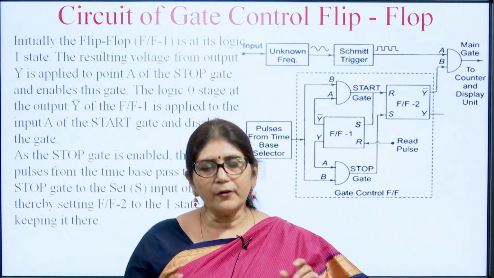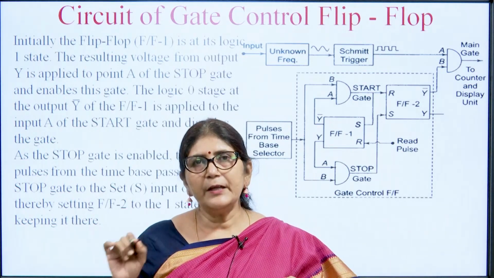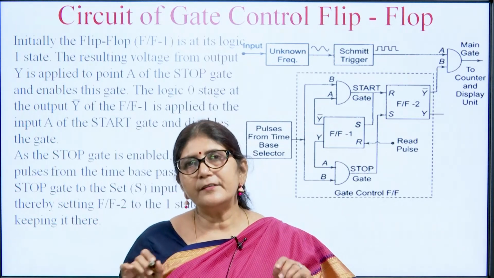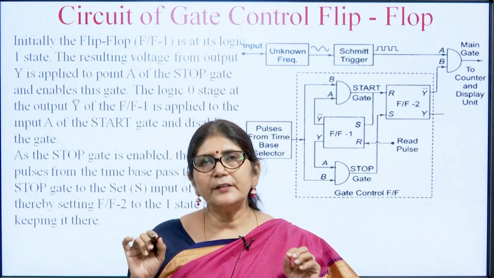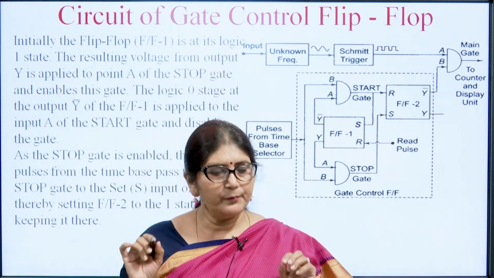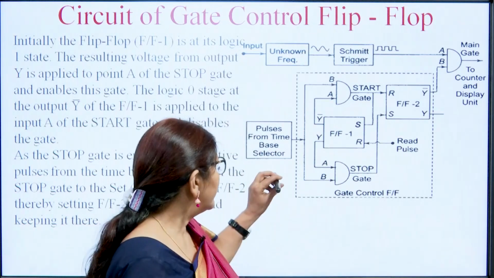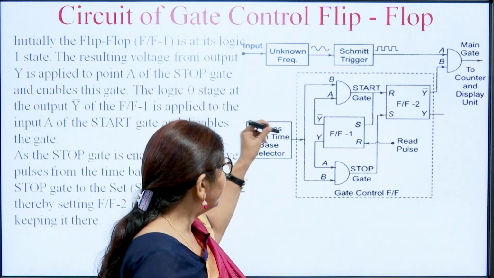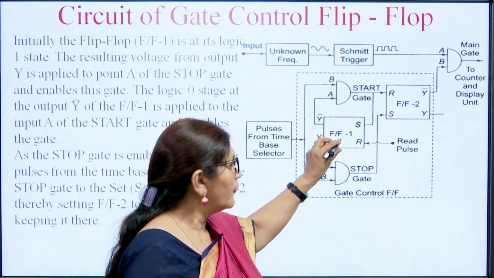As the stop gate is enabled, the positive pulse from the time base generator passes through the stop gate and sets the input of flip flop 2, thereby setting flip flop 2 at one state, meaning keeping it off. The pulse from the time base generator is fed to both AND gates, but initially it is in off state.